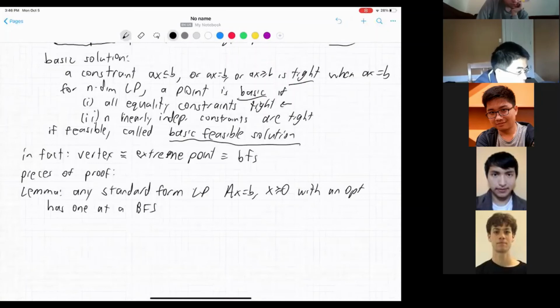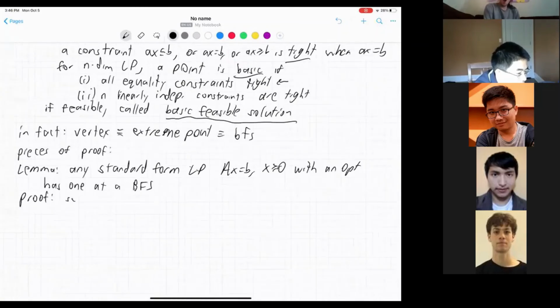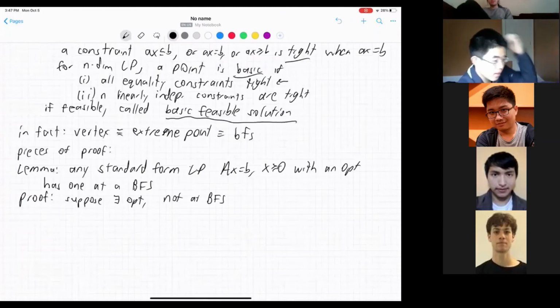Okay. So let's think how to prove this. We're supposing there exists an optimum, but if it is at a basic feasible solution, then we're done. So suppose that we have an optimum that is not at a basic feasible solution. How can we make progress towards what this lemma claims?